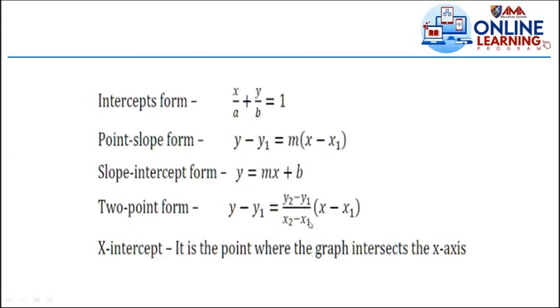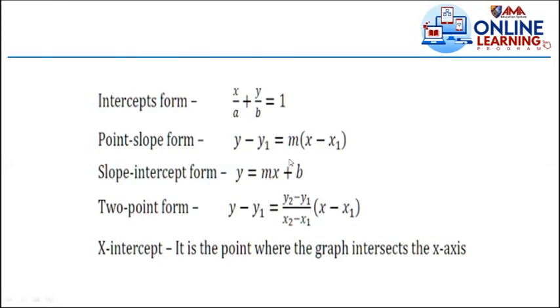If you have only one point, the point-slope form, this is our equation: y minus y1 is equal to m multiplied by x minus x1. Okay? Pero pag hindi given yung m, then we can also use this formula. So next you have your slope-intercept form: y is equal to mx plus b, where your b is your y-intercept and your m is our slope.